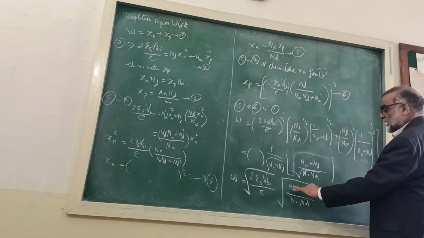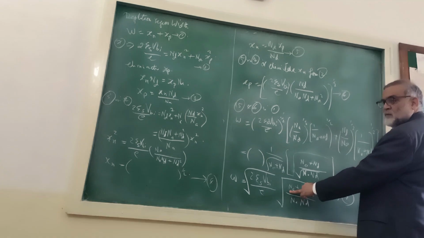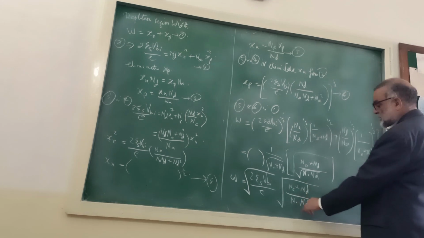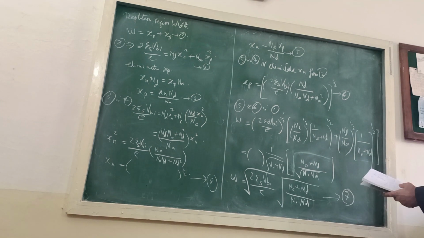In the numerator it is the sum of the two, and in the denominator it is a product of them, a very complicated relationship.